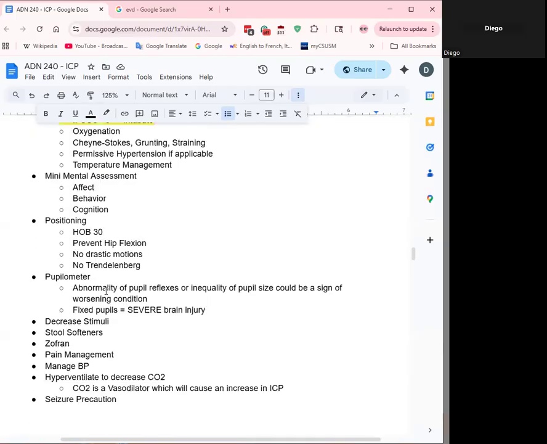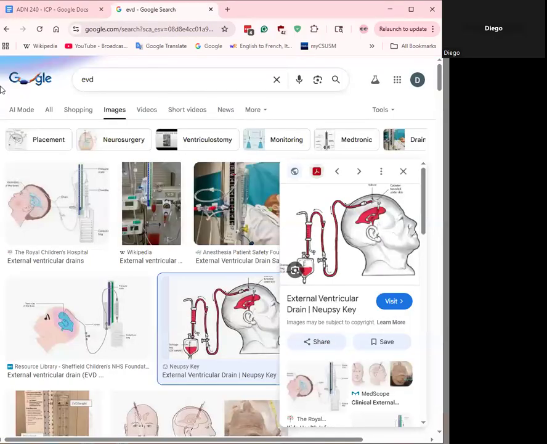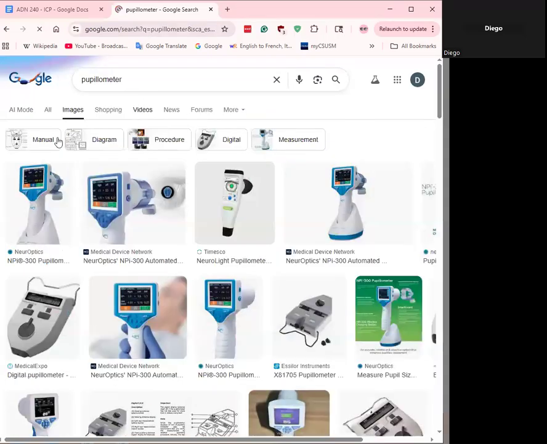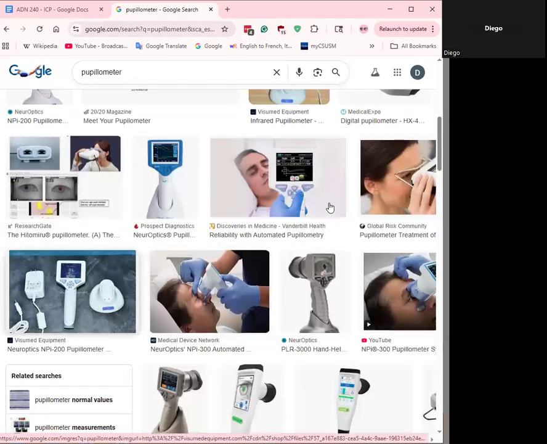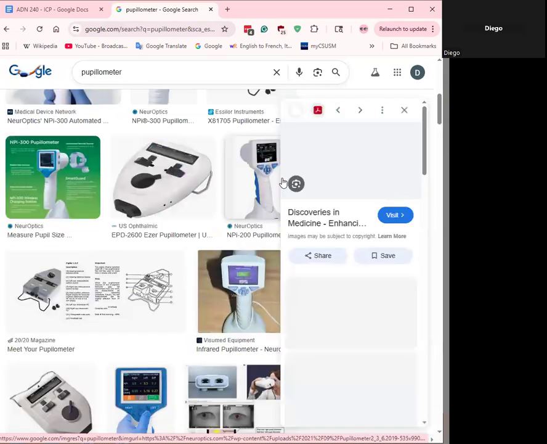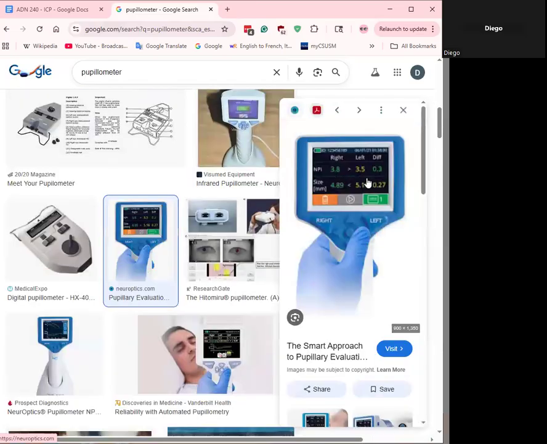The pupillometer is an assessment that gets done only in the ICU. It's a big machine that you put up to the eyeball in order to measure your eye pressure, or not eye pressure, sorry. I think it can do that though, but it's primarily to get an idea of the size of the pupils, a very accurate difference between the size of the pupils. I think it also does pressure here.